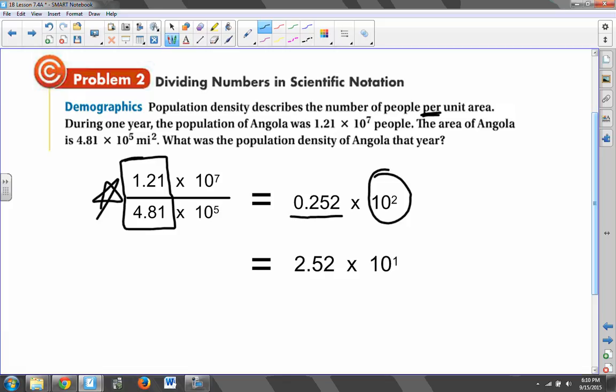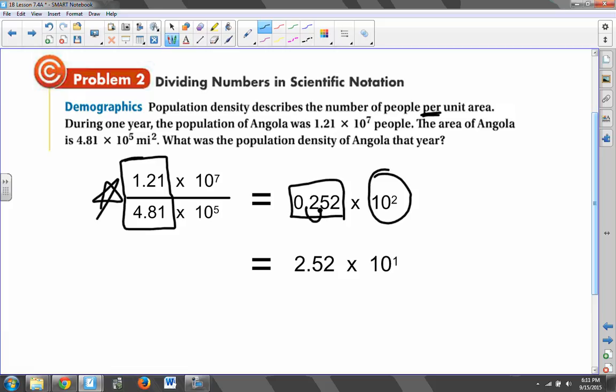Okay? Now, in order to rewrite this in scientific notation, we need this number right here to be somewhere between 1 and 10, or 1 and 9.9. Okay? So 0.252 isn't going to work. But if I could just slide this decimal place over 1 space to the right, then it would be 2.52, and that would be great.